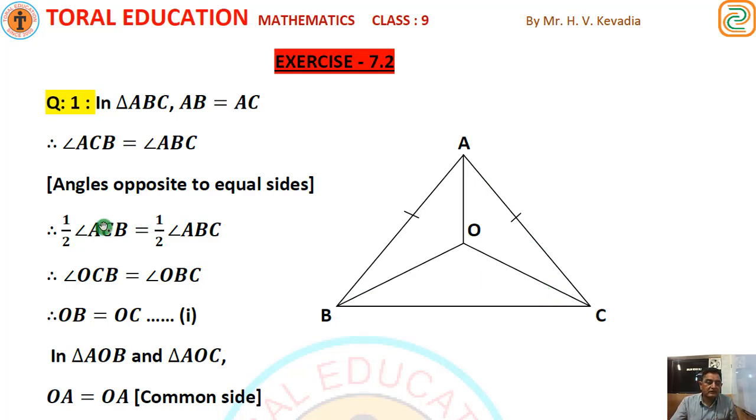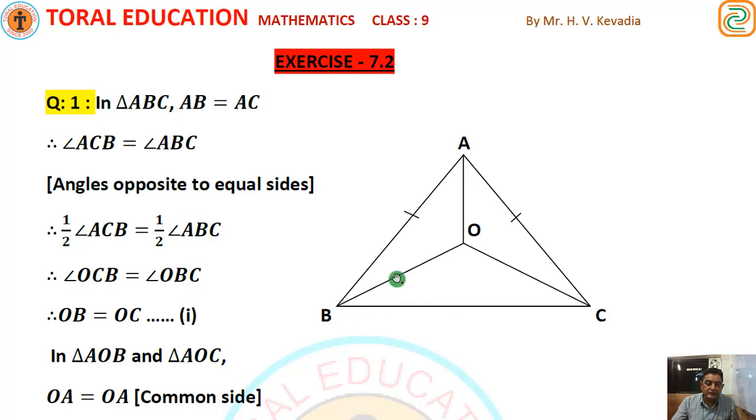If we take half of ACB and ABC on both sides, because OB and OC are bisectors, angle OCB and angle OBC are equal.